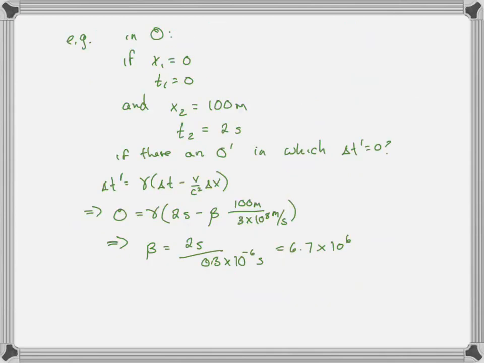Let's just say that we have two events that happen on the track, 100 meters away. So let's say that at x equals 0 and t equals 0, I shoot the starter's pistol on the track.